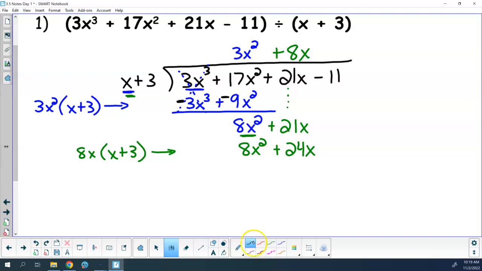And I need to subtract them, so I need to change both of those signs. 8x squared minus 8x squared. 0, that's what we want. 21x minus 24x. Negative 3x. Then, bring down the minus 11.